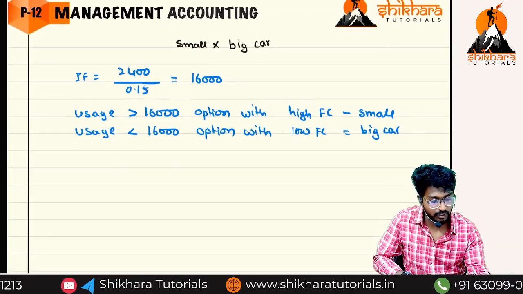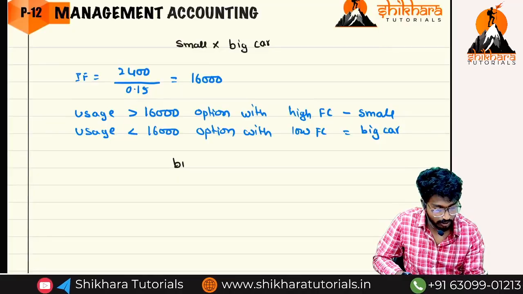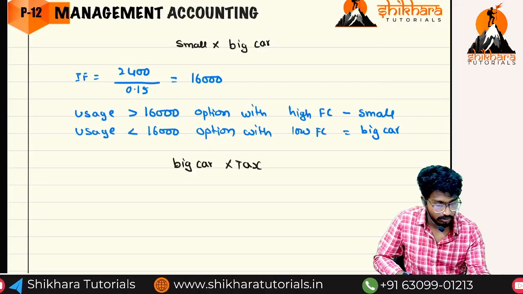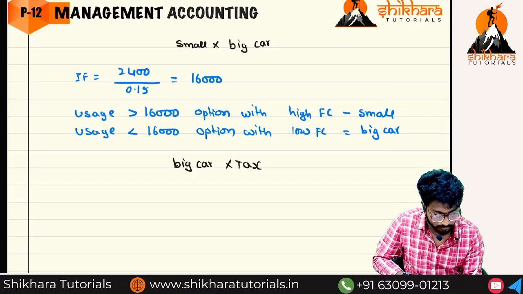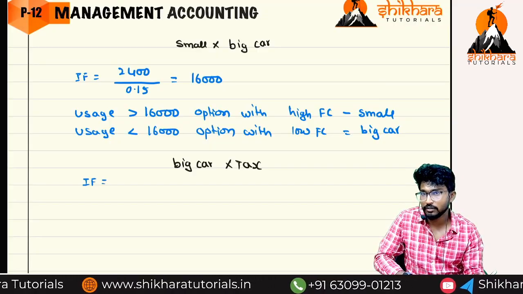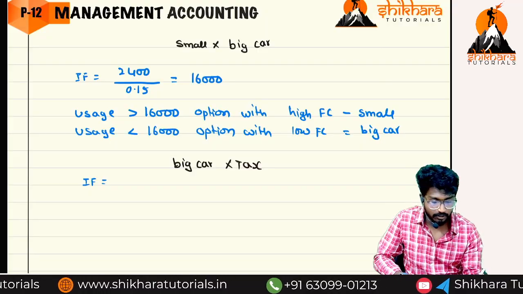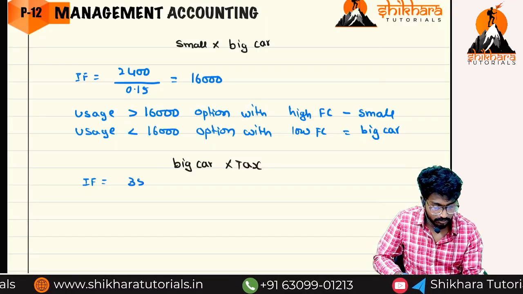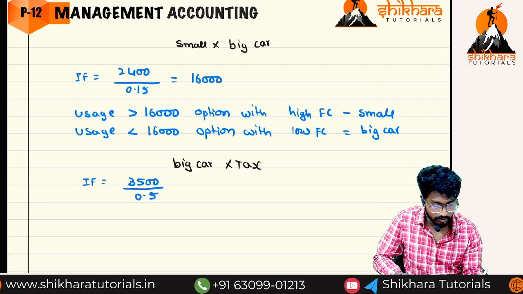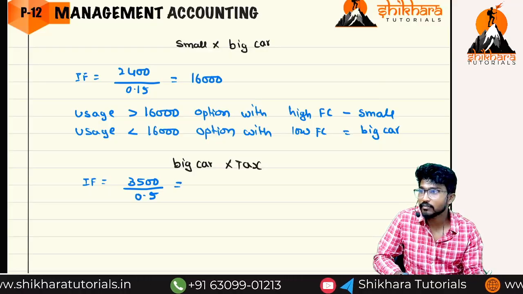Finally, between which one? Big car and taxi. Now, the indifference point. What is the difference between fixed cost? Nil and 3,500. 3,500 divided by 0.5 comes to 7,000.